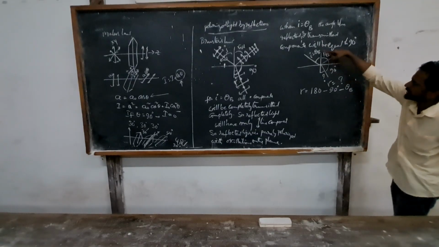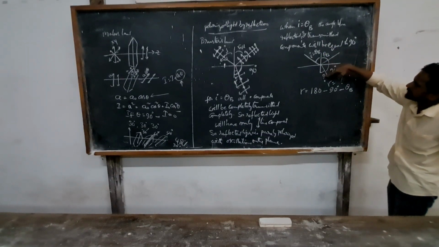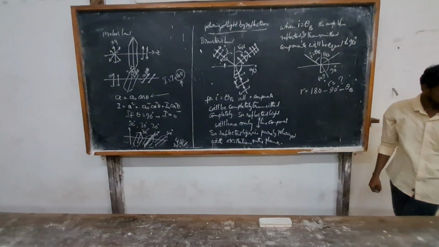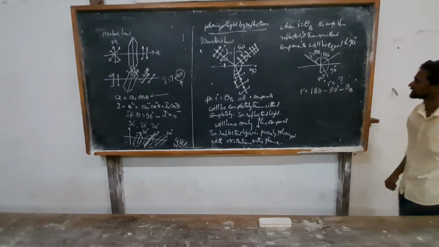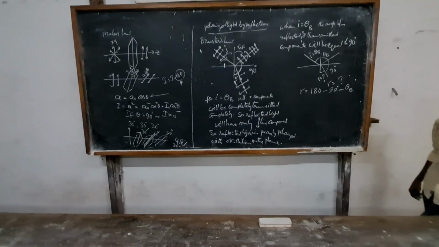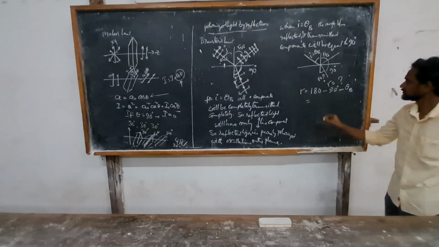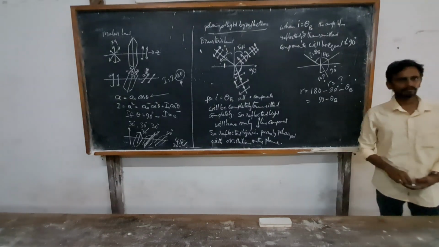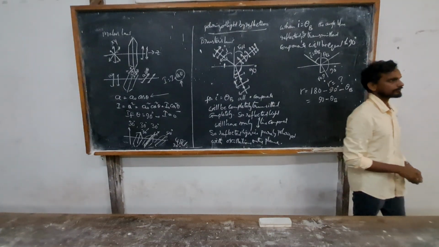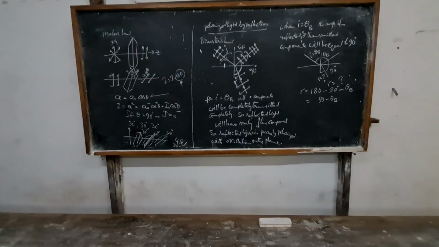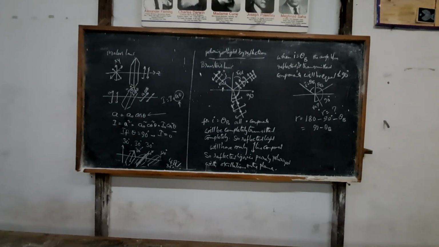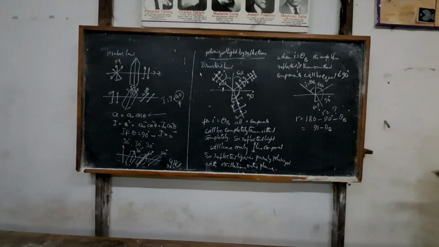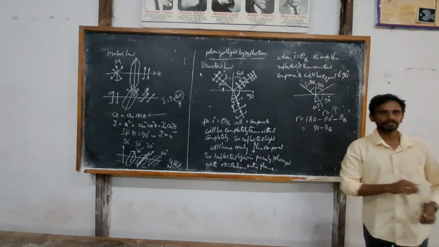Right? So this total angle is 180 degrees. Out of that, this number is equal to 90 minus theta. Then calculate the refractive index. In this special case, the angle of refraction becomes 90 minus theta.